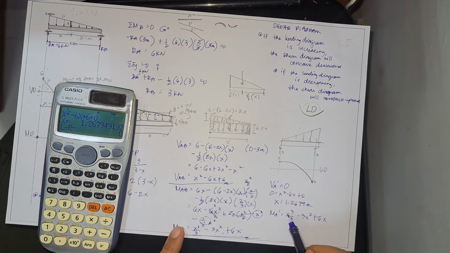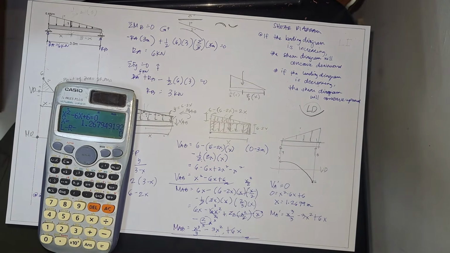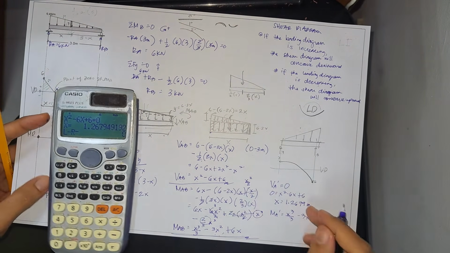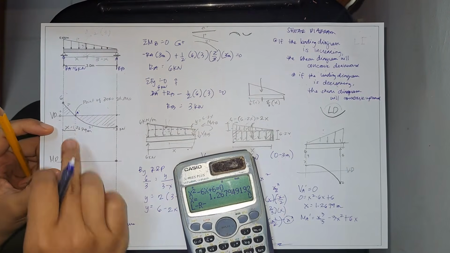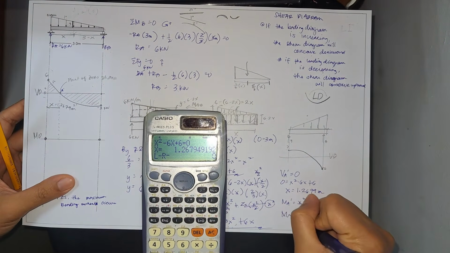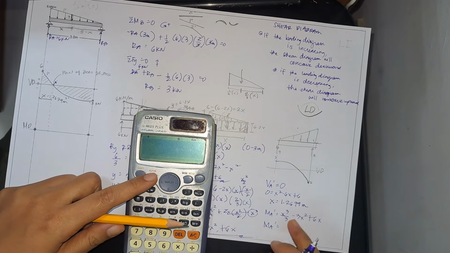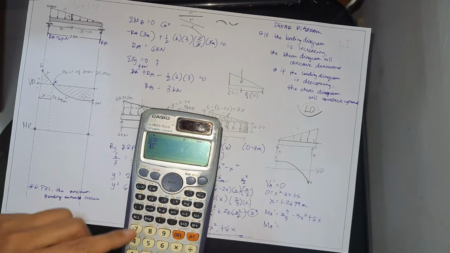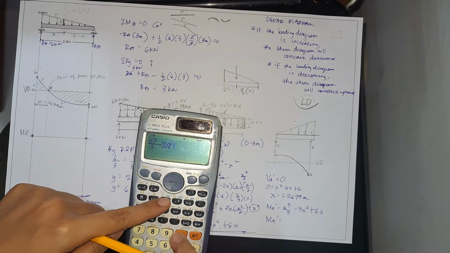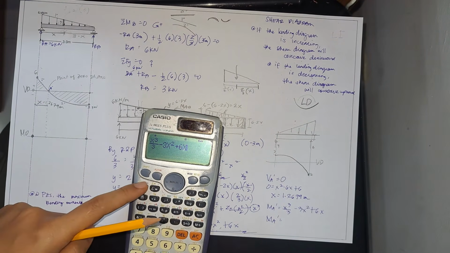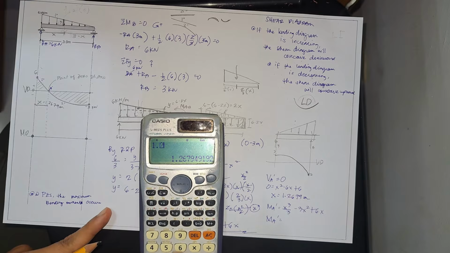And then, we will substitute x with 1.2679. Therefore, the moment at A prime is equal to x cubed all over 3 minus 3x squared plus 6x, where x is equal to 1.2679.